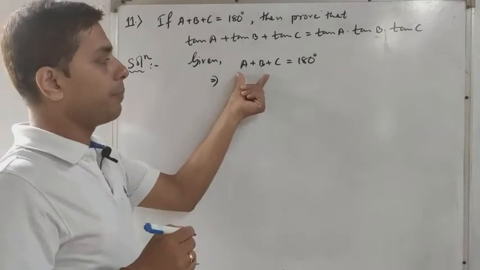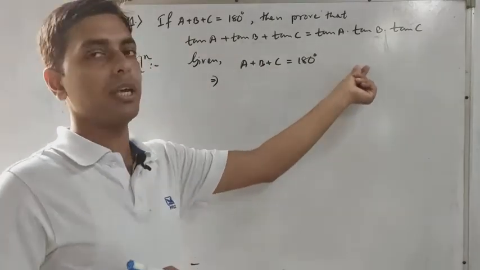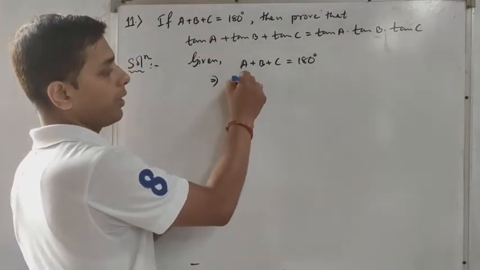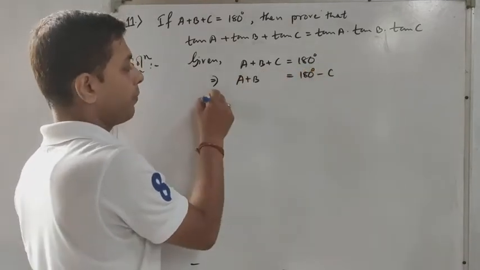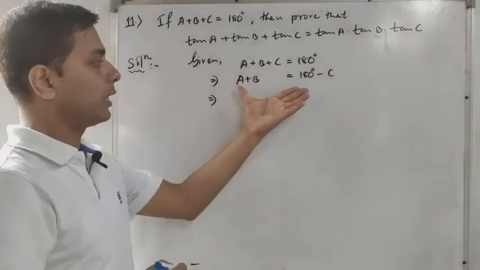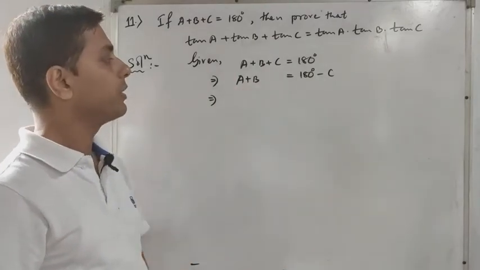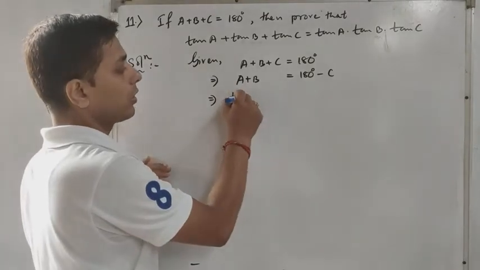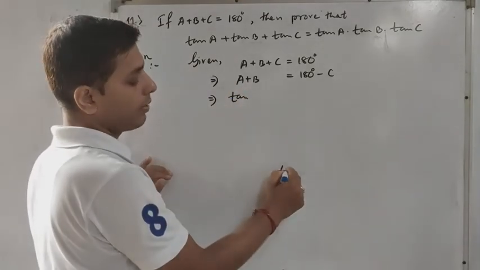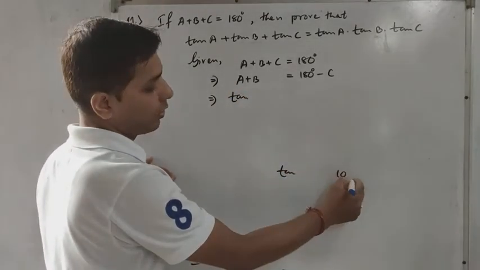You just keep A plus B here and shift C to the other side, then it will become A plus B is equal to 180 minus C. All right, up to this understood, I think. It's a very simple basic thing. Now let us multiply tan on both the sides. Okay, tan, I'm asking to multiply tan, not 10, not this.